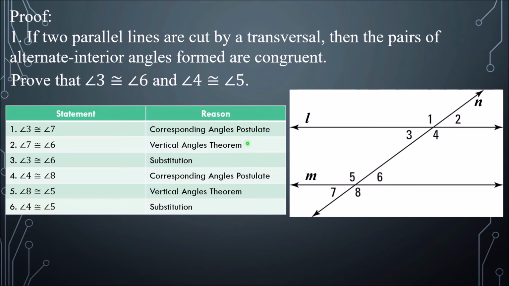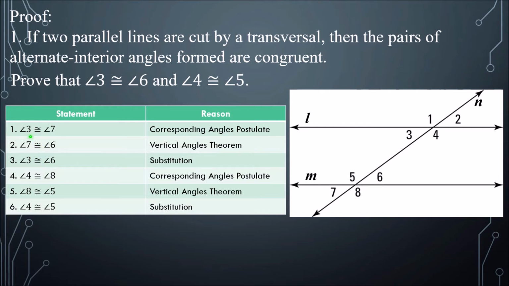Next, angle 7 is congruent to angle 6 because angle 7 and angle 6 are vertical angles, and vertical angles are congruent. We name that the vertical angle theorem.